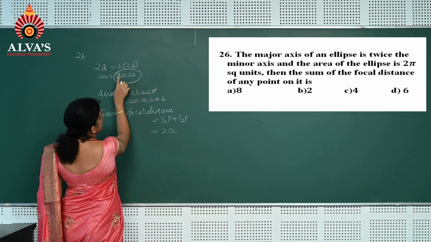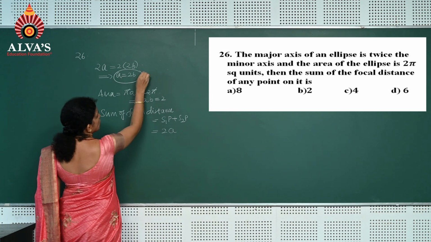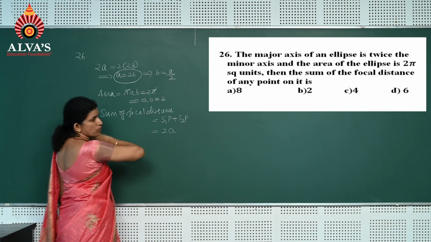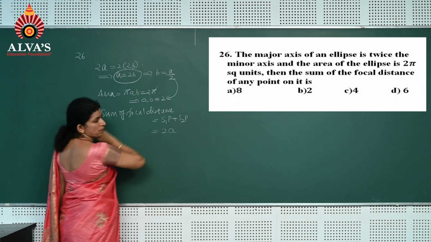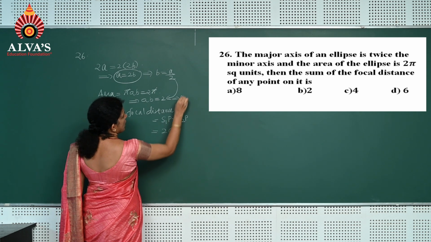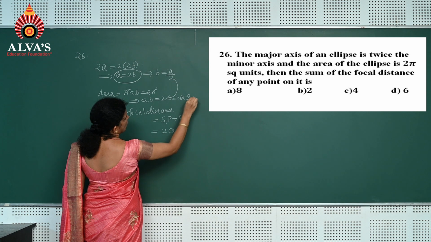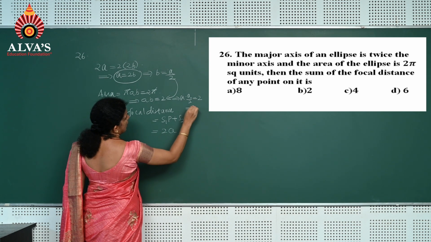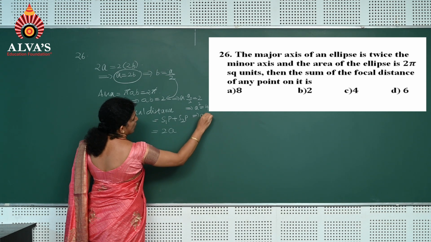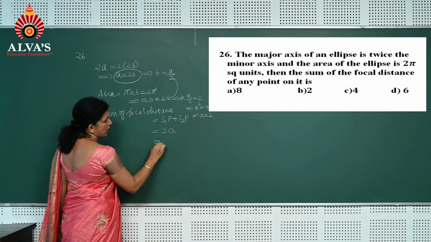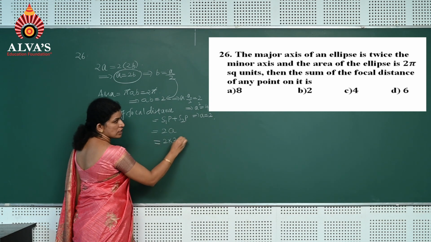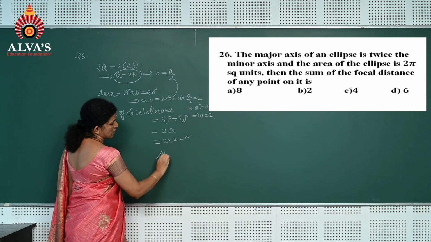Here A equals 2B, so B is A by 2. AB equals 2 means A into A by 2 equals 2, so A square equals 4, that is A equals 2. So the sum of the focal distance, 2A, is 2 into 2, that is 4. So the answer is C.